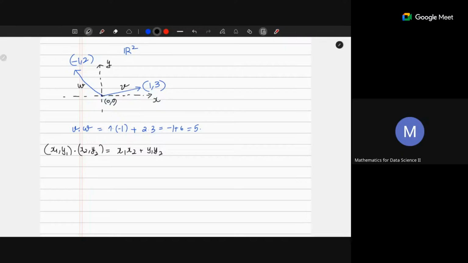This type of dot product can be generalized to Rn.